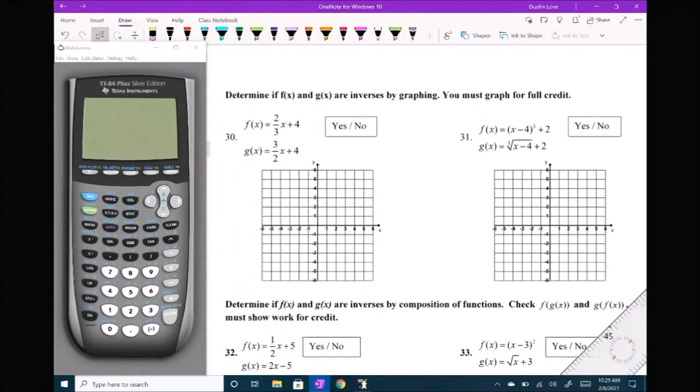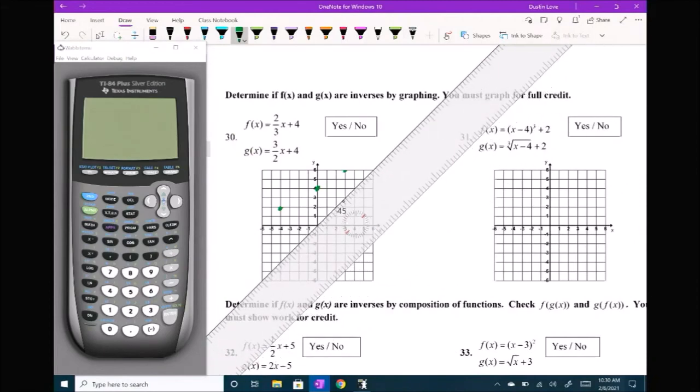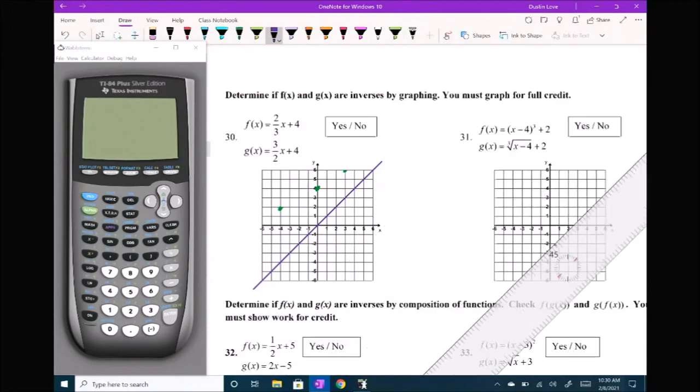Okay, determine if they are inverses by graphing. Let's do the vertex. So both of those have the y-intercept of 4. F of x has a slope of 2/3, so rise 2, run 3, 2, 1, 2, 3. You know what? I'm going to go ahead and graph the line here on both of these.